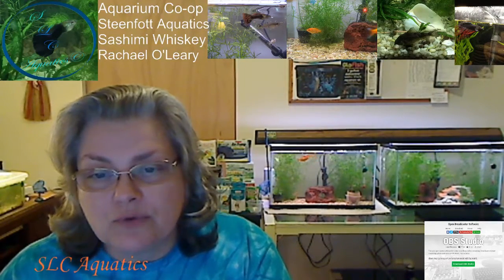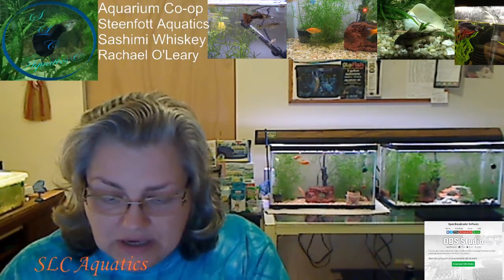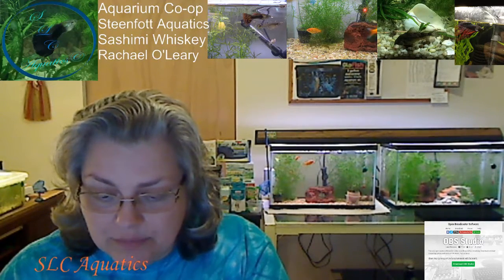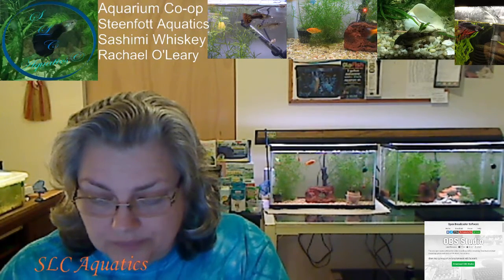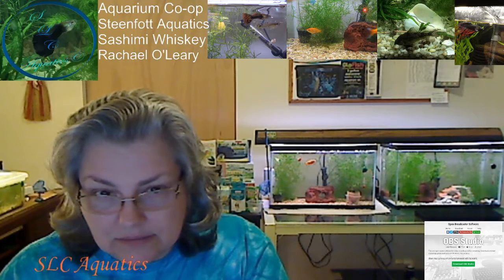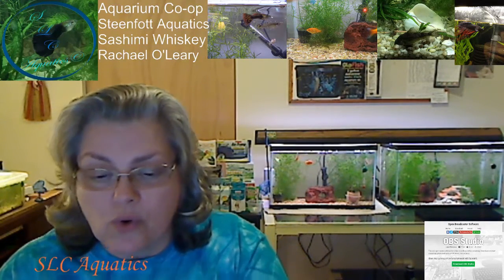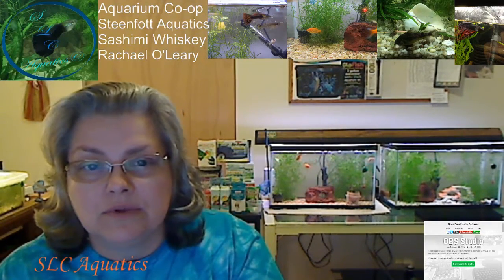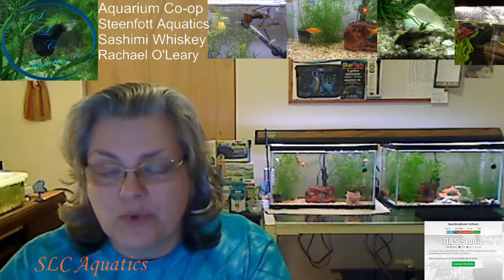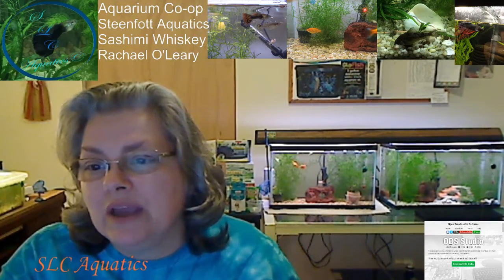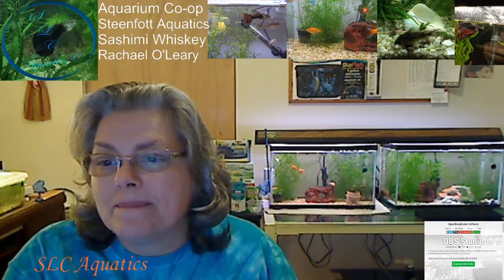Suggestions for marine and reef substrate are, I'm going to butcher this, aragonite and crushed corals. And there are other substrates as well. Like I said tonight, I'm not going to be able to cover everything.